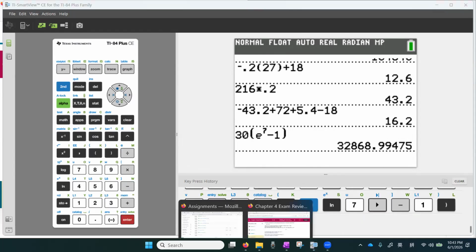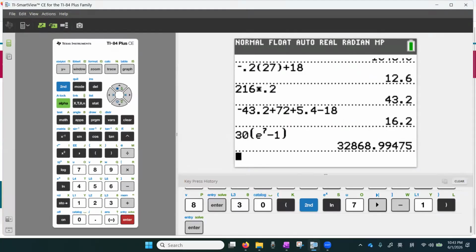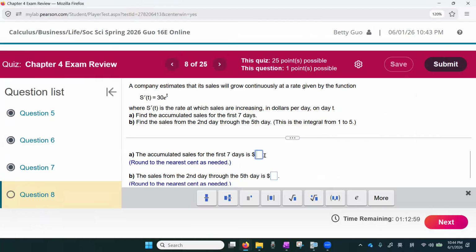How do we round it? Nearest cent. 99 cents. Double check the entry.